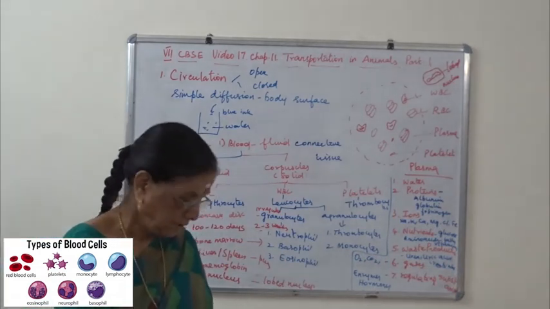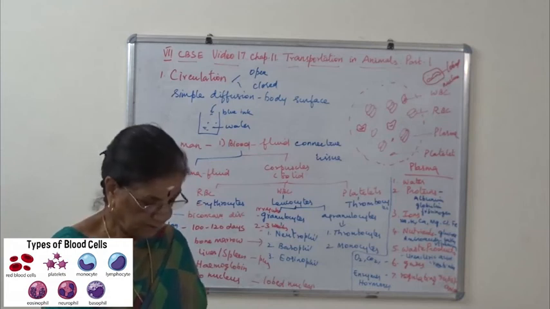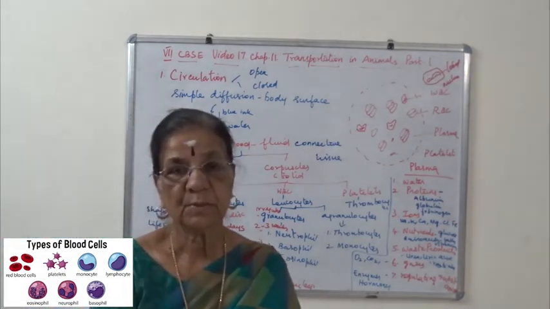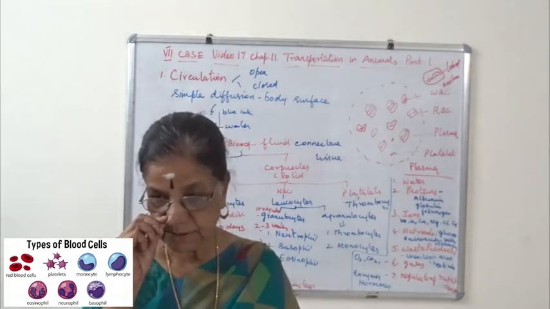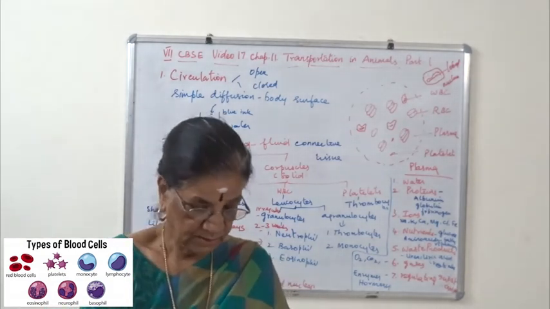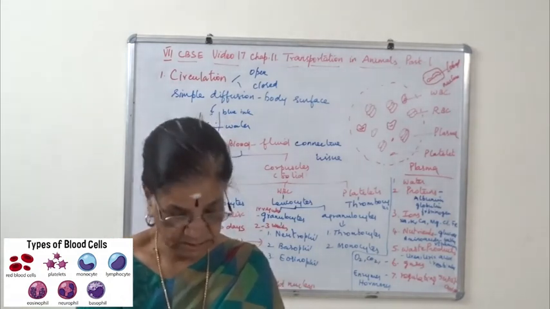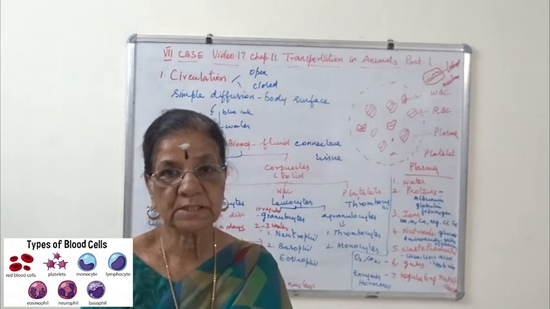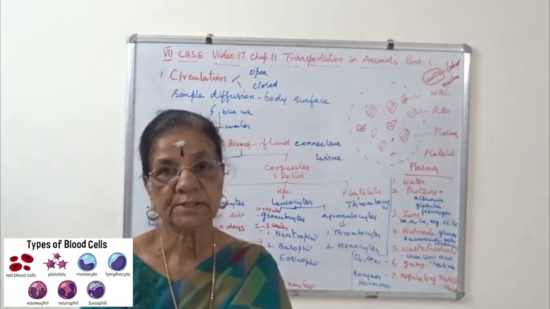And then it is plasma protein: albumin, globulin and fibrinogen. Albumin is to maintain osmotic pressure, globulin for antibody formation and fibrinogen for blood clotting.